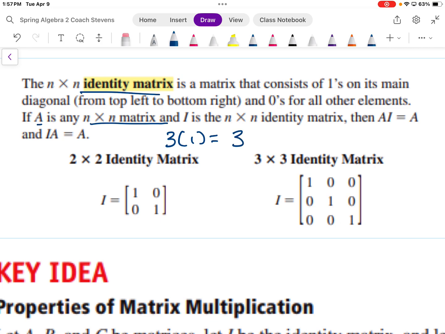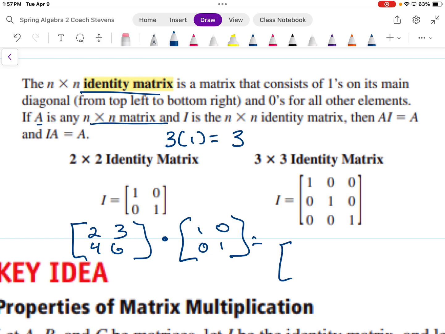My answer is 3. So that's what the identity matrix is saying. If I take some matrix that is like 2, 3, 4, and 6, let's call it a 2x2 matrix, and I multiply it by the identity matrix, then my answer matrix is still going to be 2, 3, 4, and 6 in those same spots. Multiplying by the identity matrix doesn't change the cells. It keeps it the way it is.